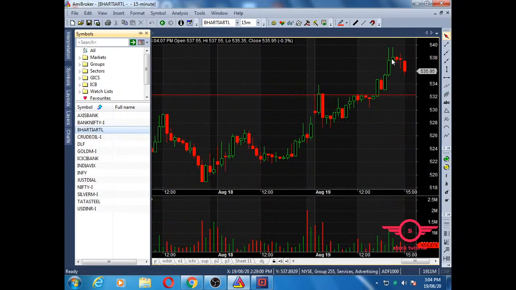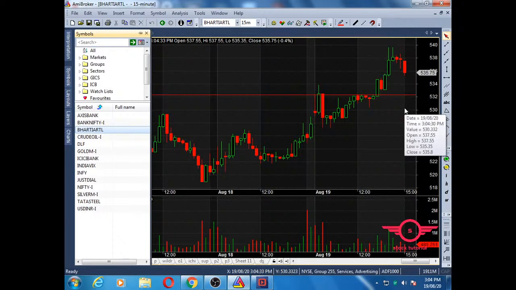This is an inverted hammer, which is another topic. After that there should be a black candle, then it can retrace, but time is short now. Still, you can take a trade.